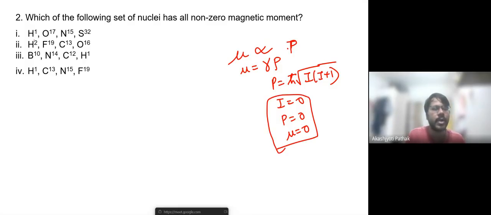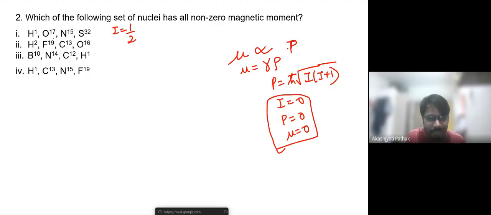Now coming to each of the nuclei. H1, a proton, has a spin quantum number of half. O17: you do not need to memorize the spin quantum numbers for this question.